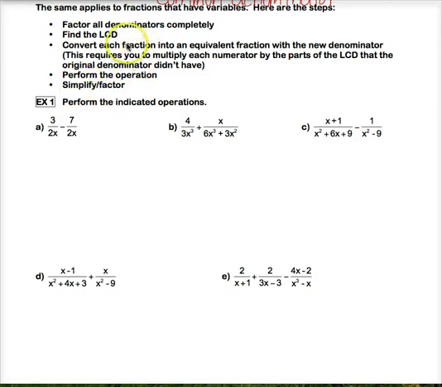The LCD is, once everything is in factored form, you must take the highest exponent of every factor that appears.